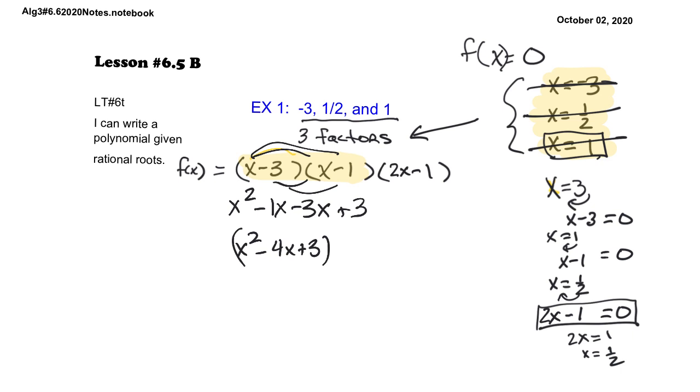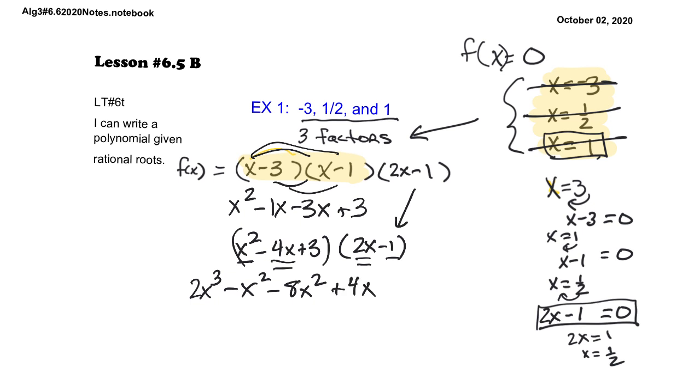Now I'm going to take that times the third factor, and I'm going to distribute those out. Again, I'm going to use the distributive property. x squared times 2x, x squared times -1. Now -4x times 2x is -8x squared. -4x times -1 is +4x.